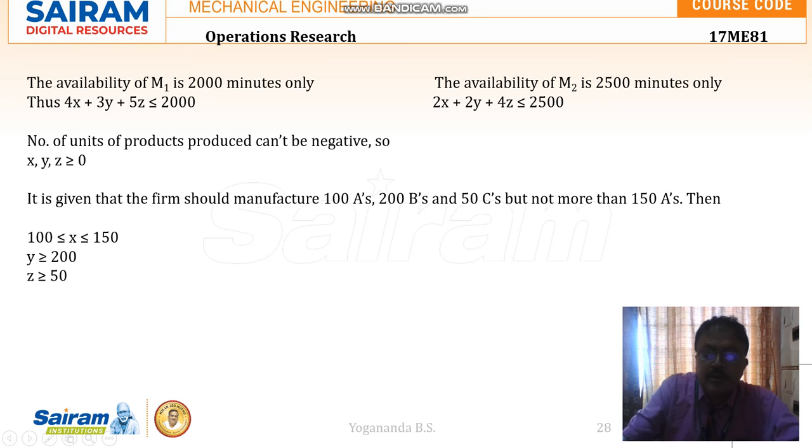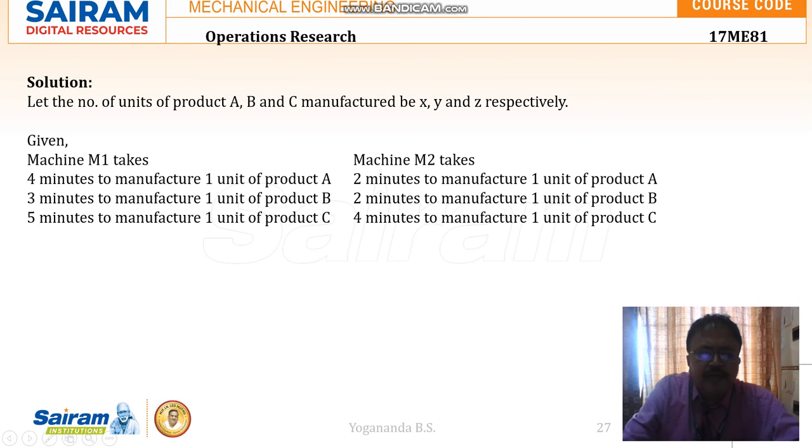Thus, if we produce 1 unit of A, it requires 4 minutes. If we produce X units of product A, the time spent is 4 into X. Similarly, 1 unit of product B requires 3 minutes, so for Y units of product B it is 3Y.